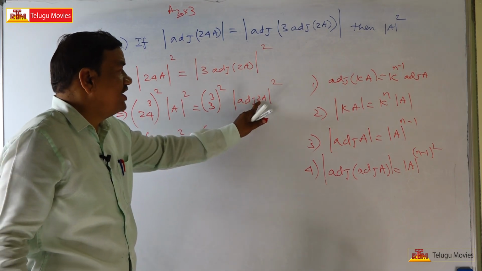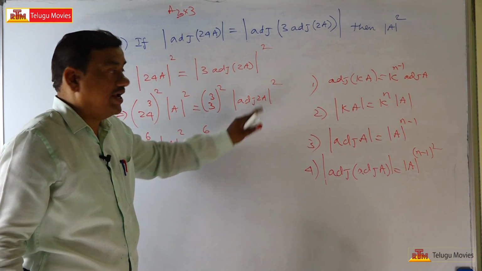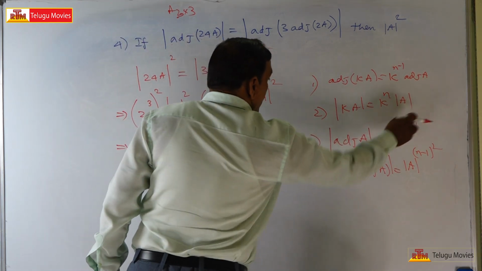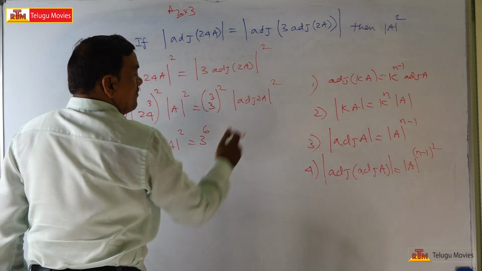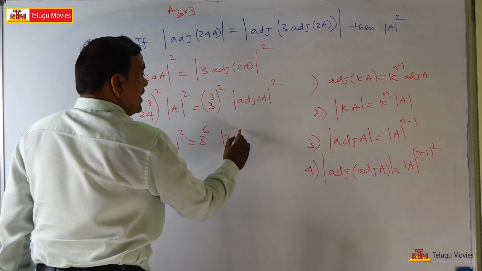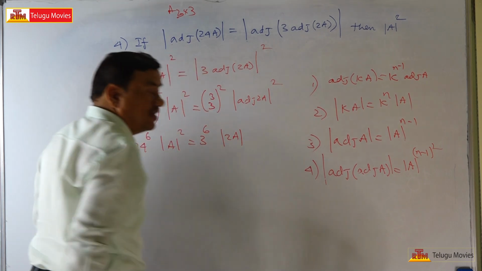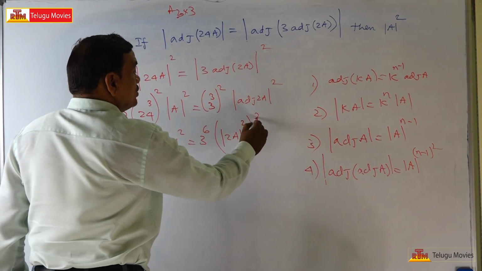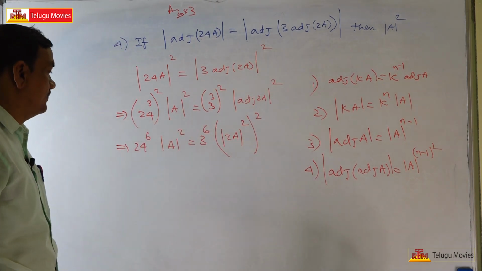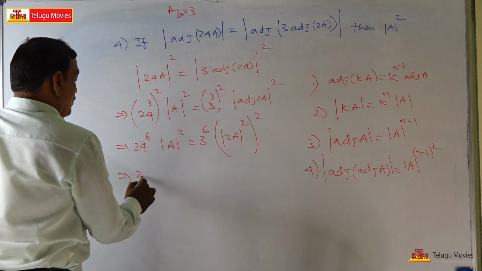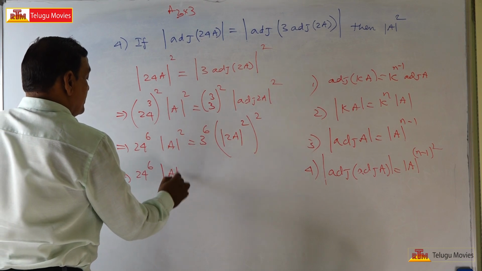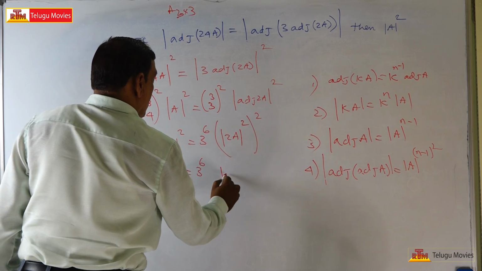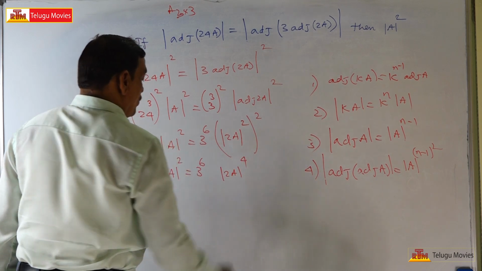Here, adjoint of 2A: again, the determinant of the adjoint is det of 2A whole power n minus 1. N minus 1 means 3 minus 1, so square, and again the outer square is there, remember that. So this is equal to determinant of 2A whole power 4.